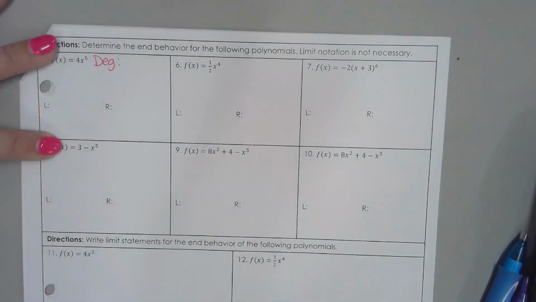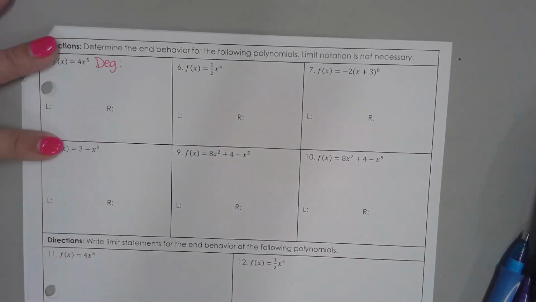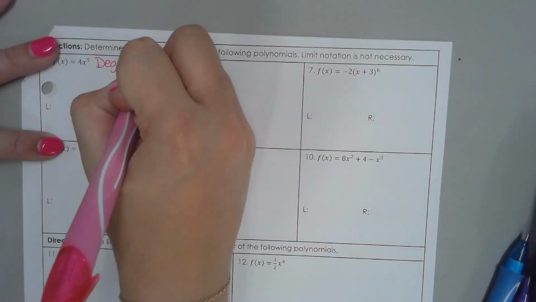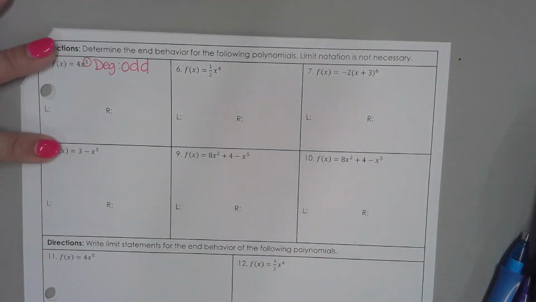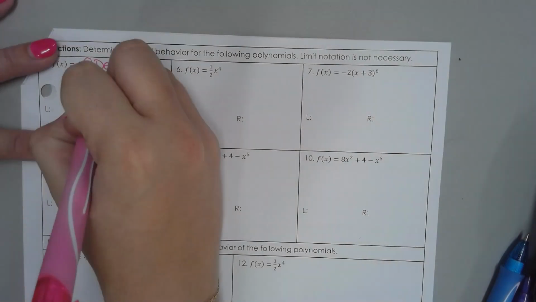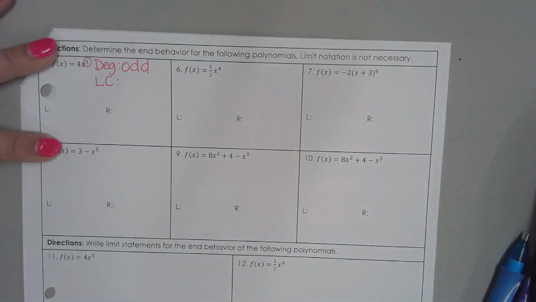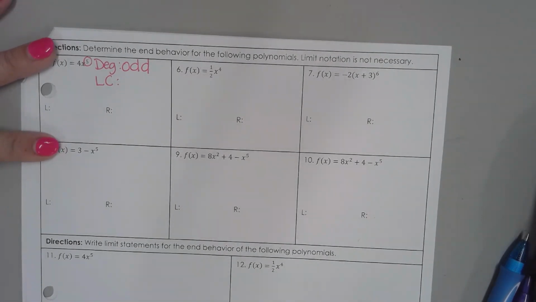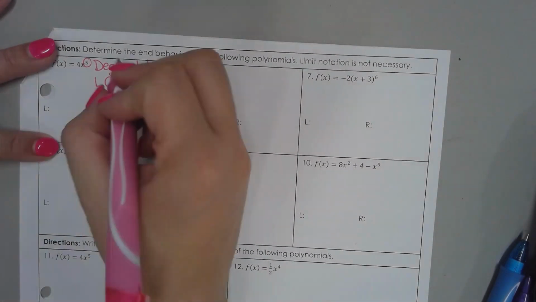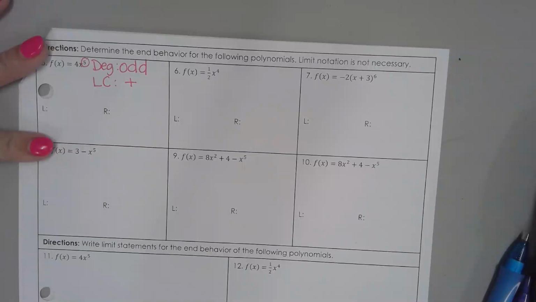So degree, is it even or odd? Odd, right? My degree is 5, which is an odd number. My leading coefficient, that means the number in the front. Positive or negative? Positive. All right.